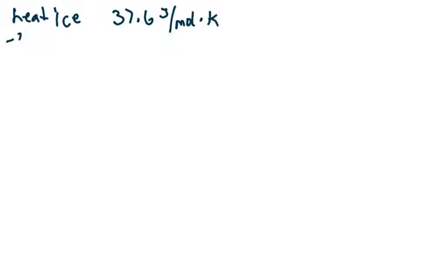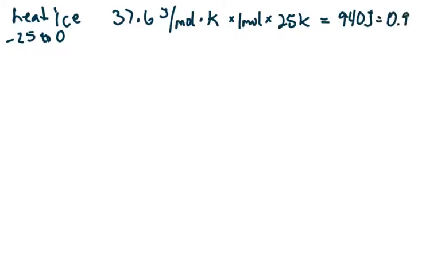And we're going from negative 25 to 0. So we're going to take 37.6 times 1 mole times 25 Kelvin. That gets us 940 joules, or 0.940 kilojoules.